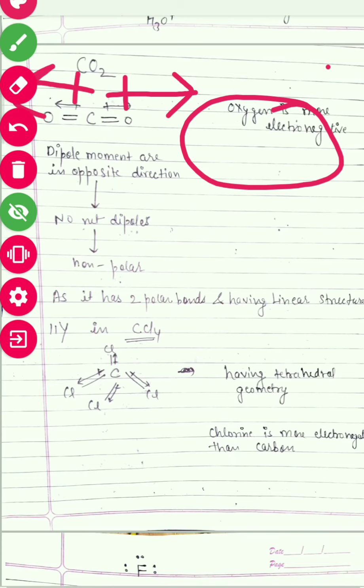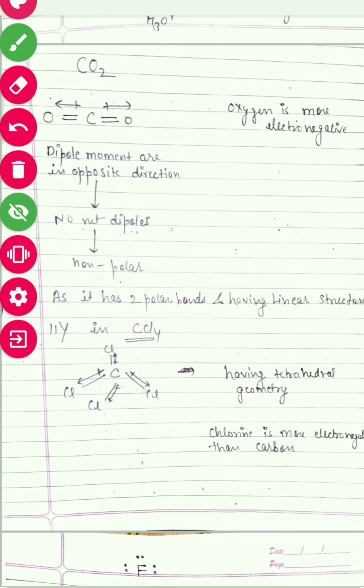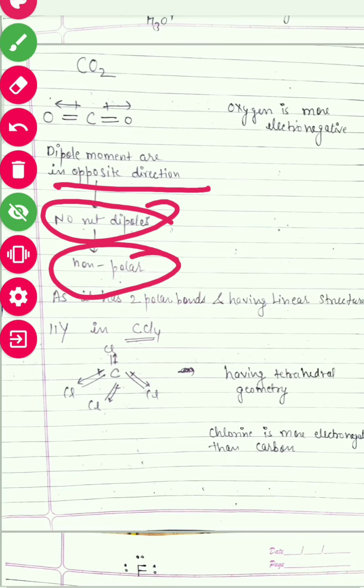We can see the dipole moments are in opposite directions, so the net dipole moment cancels out. It means it is zero, so no dipole moment is present. That's why it is non-polar.